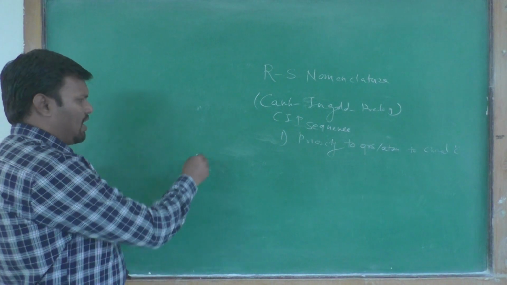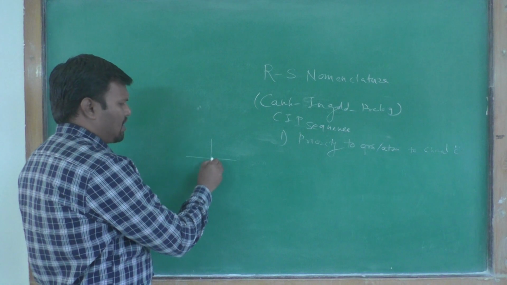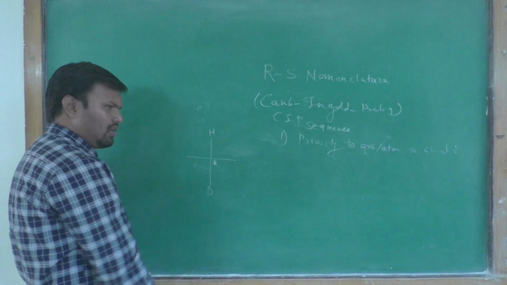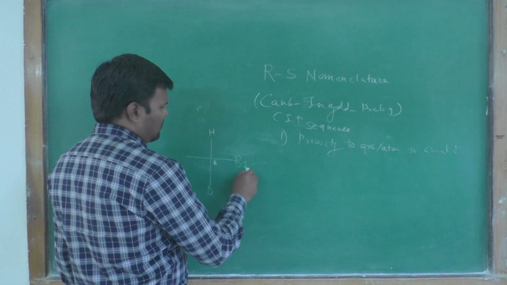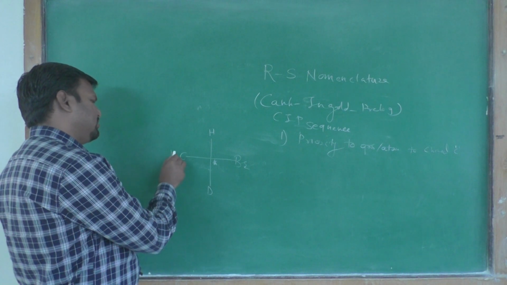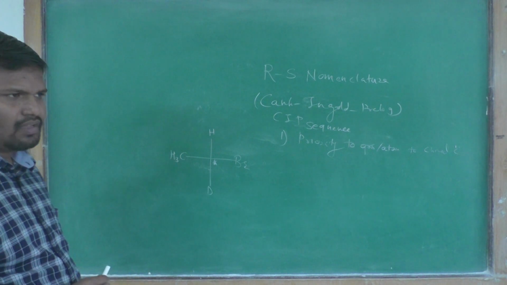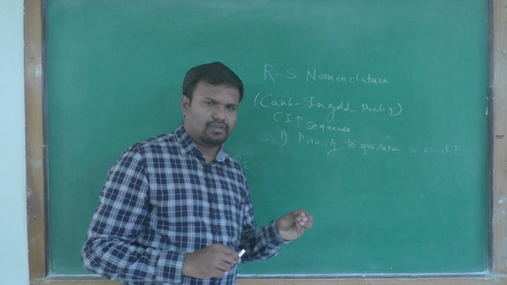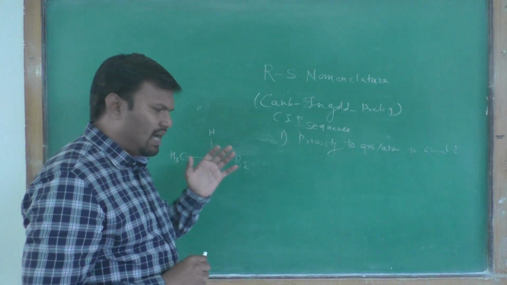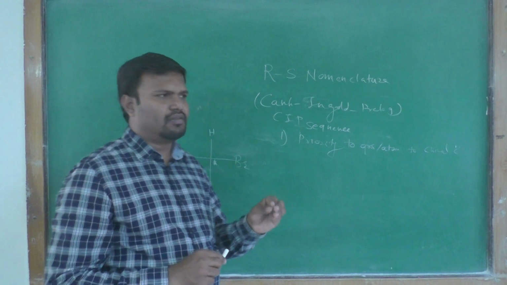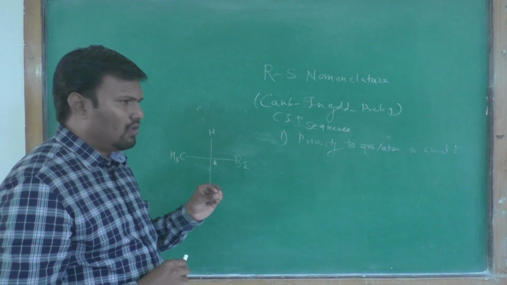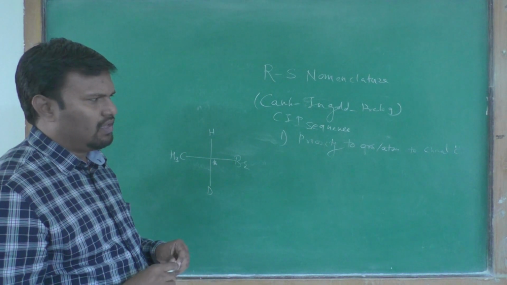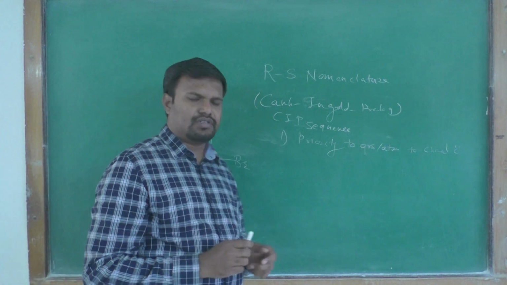Suppose we have a chiral carbon and different groups are attached there, for example hydrogen, deuterium, Br, and the last group is CH3. If different groups are attached to the central chiral atom, then according to the atomic number we can choose the priority.